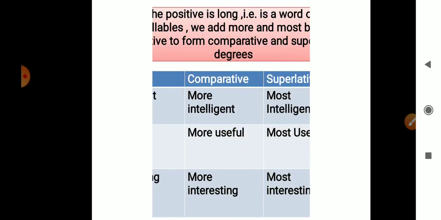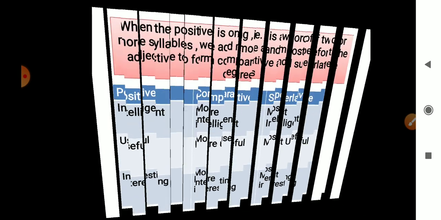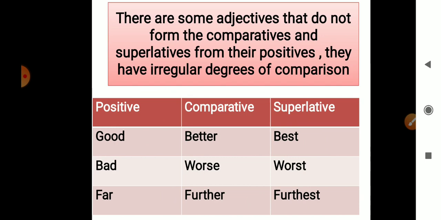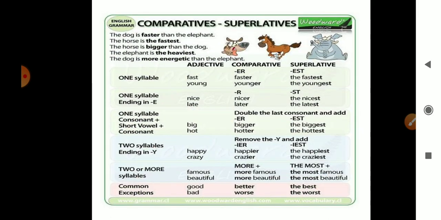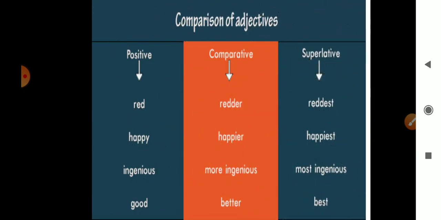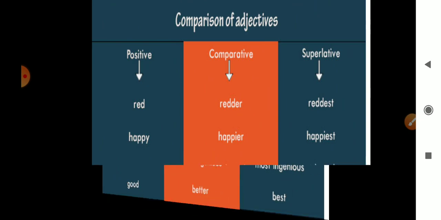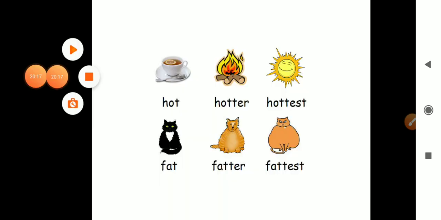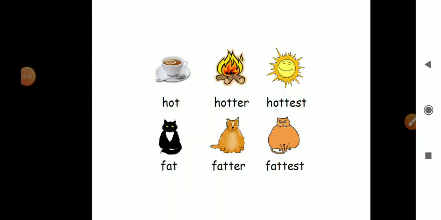Let's see what the rule is. Why have we added double T in hotter and hottest, and fat, fatter, fattest?